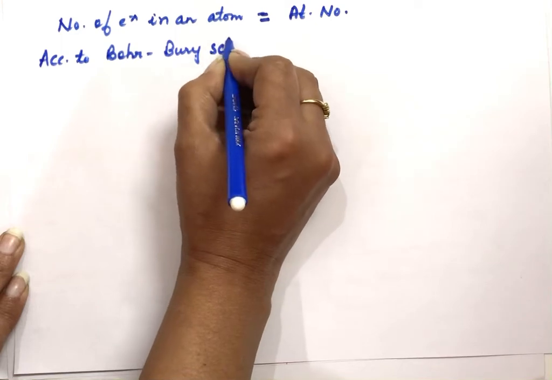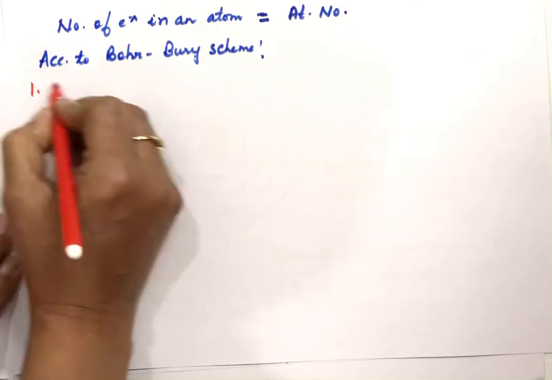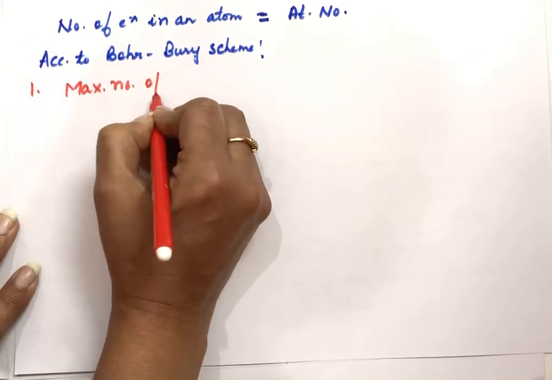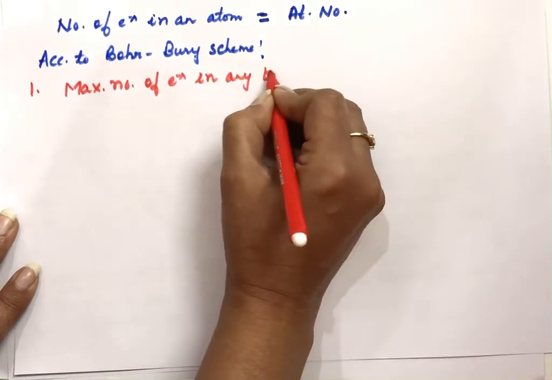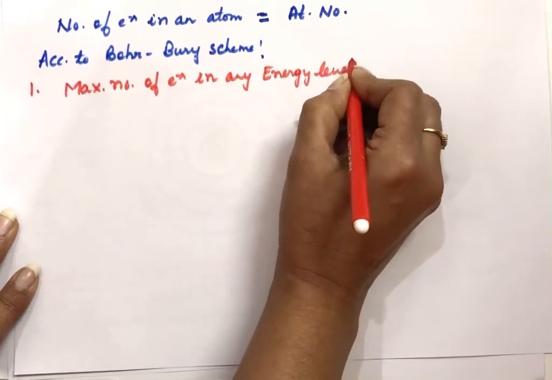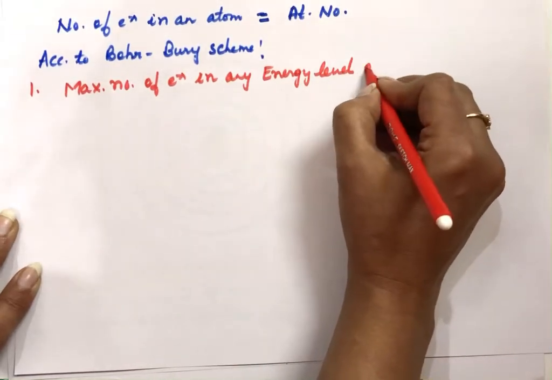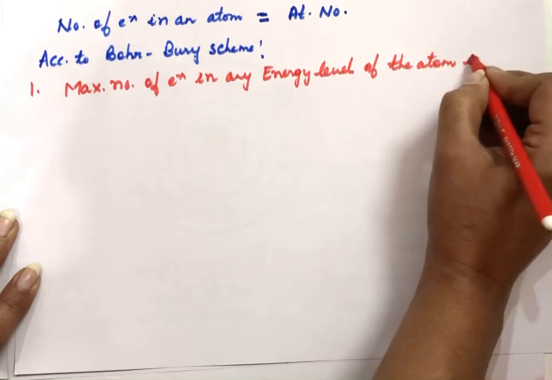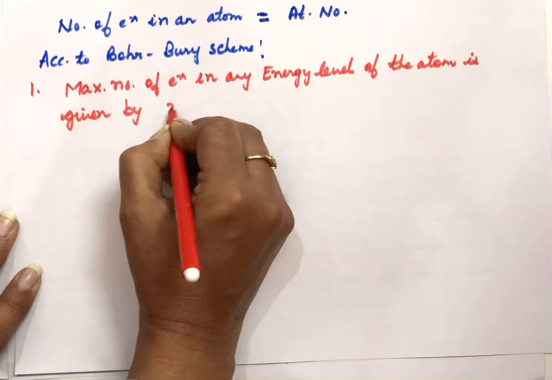So, according to this scheme, number 1, the maximum number of electrons in any energy level of an atom is given by the 2n square formula.